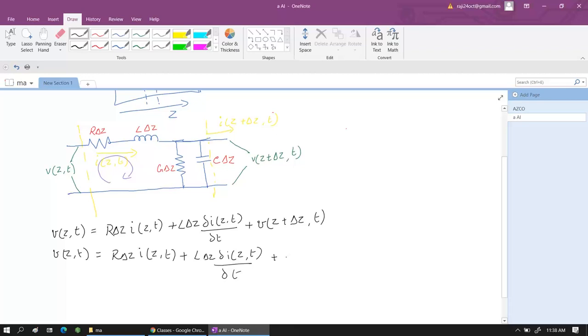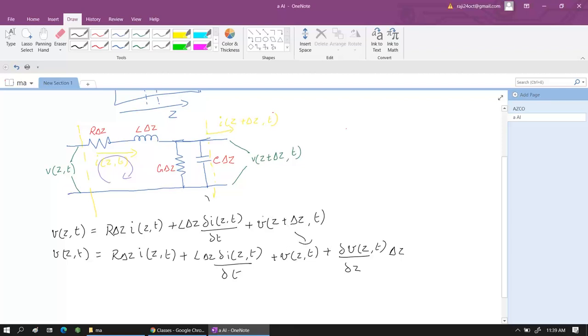Now this can be simplified as V(z,t). I'll explain why I'm writing this equation. It's ∂V(z,t)/∂z into Δz. So this part I have written like this.